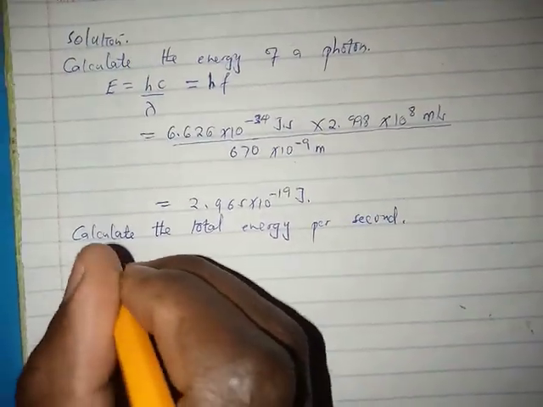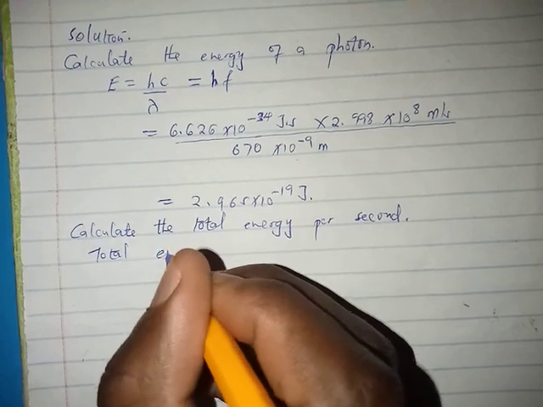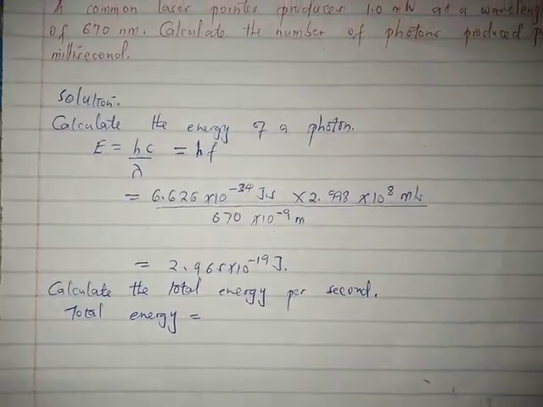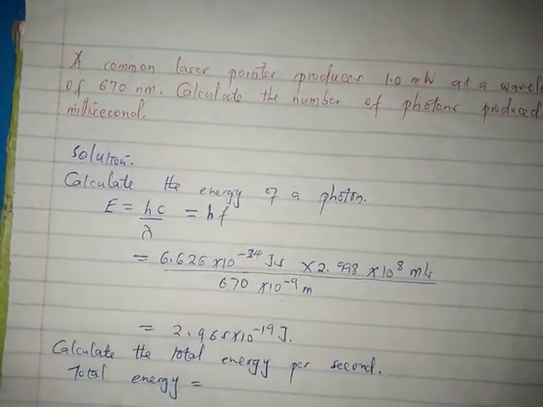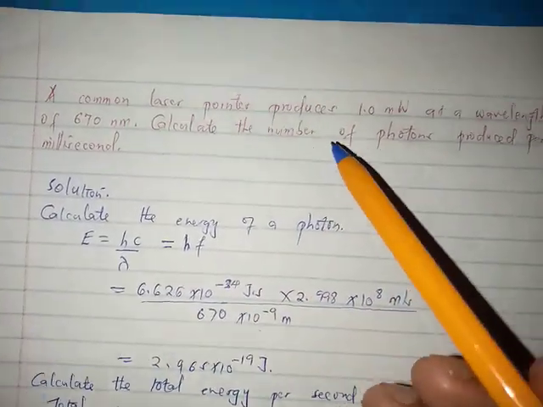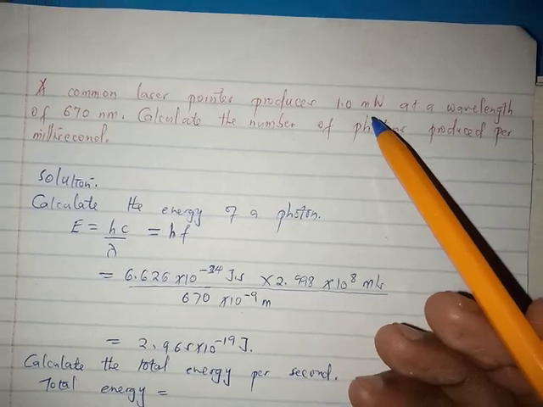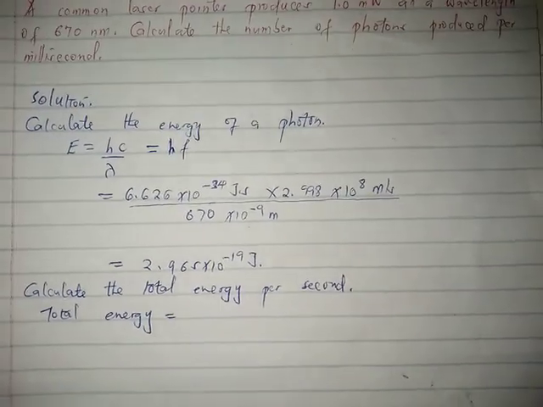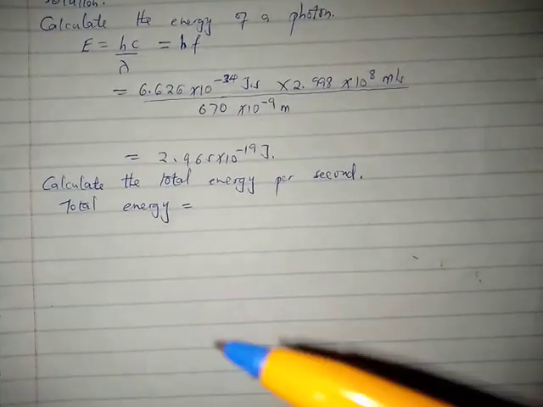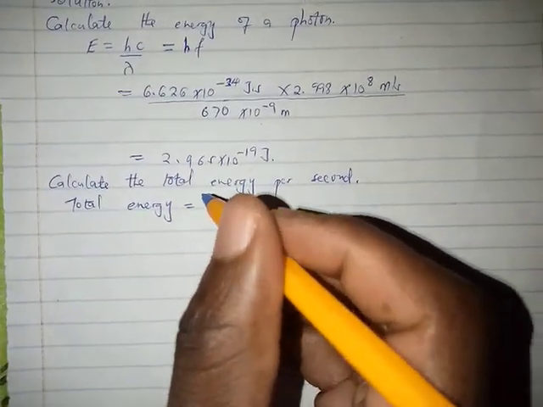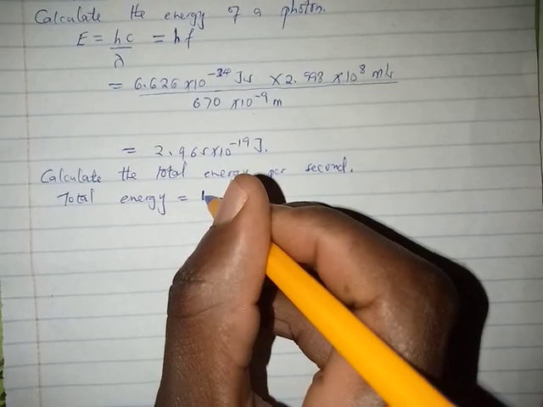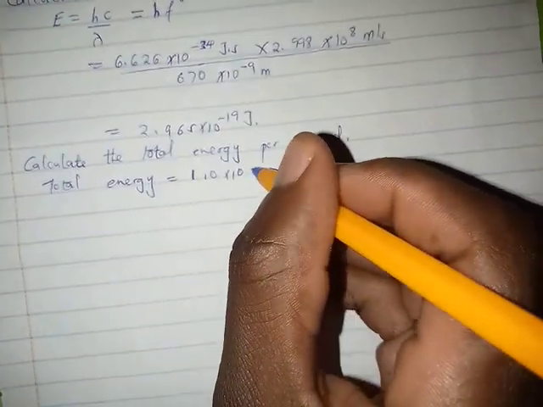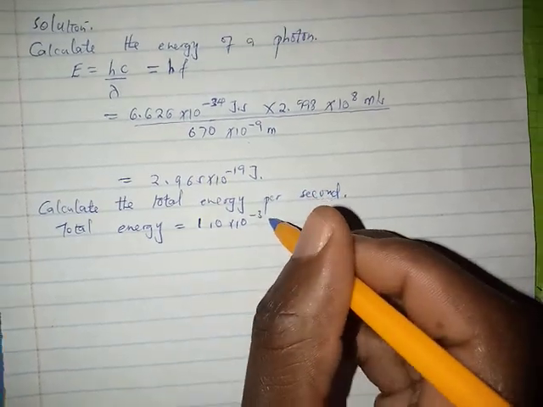The total energy as given in the question is 1.0 milliwatts. This is equivalent to 1.0 times 10 raised to power negative 3 watts.